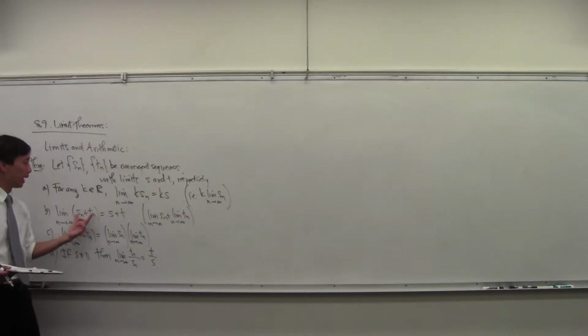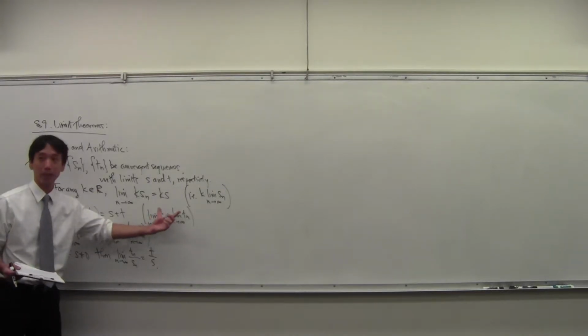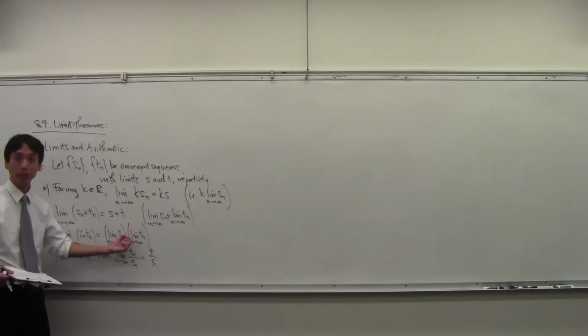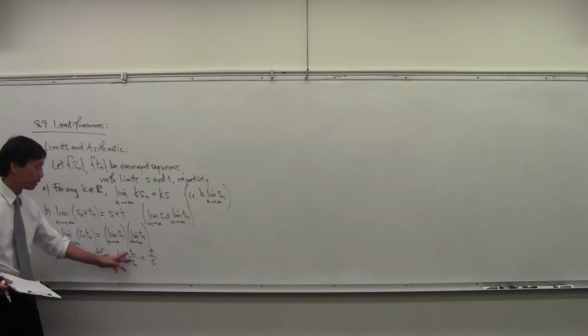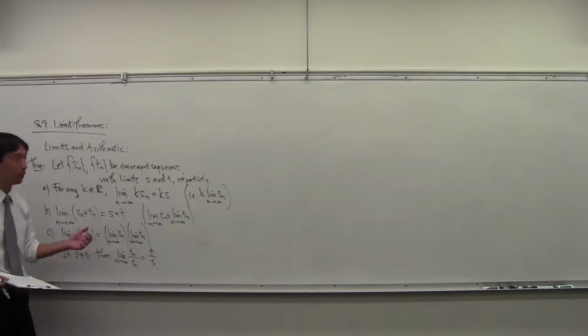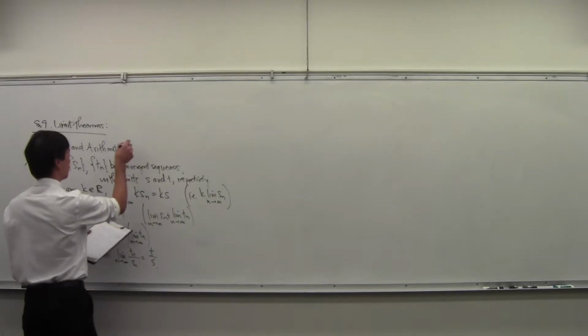You can either add these guys together first and then take the limit, or you can take the limits and then add, right? Here you can multiply these guys together and take the limit, or you can take the limits first and then multiply, right? You can take the quotient and then take the limit, or take the limits and then take the quotient of the limits.